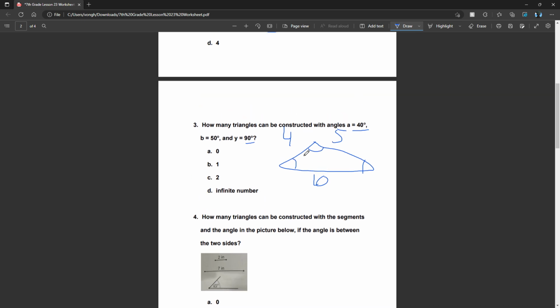For 3, it's basically can a triangle be constructed with 40, 50, and 90. All you have to do is add all of them together. So 40 plus 50 plus 90, and if it equals 180, then that's a triangle. So 40 plus 50, that's 90, plus 90, that's 180.